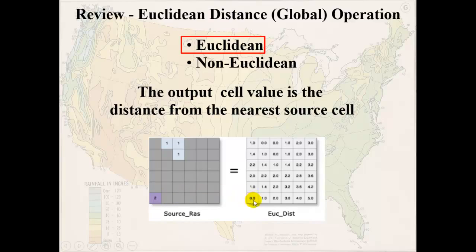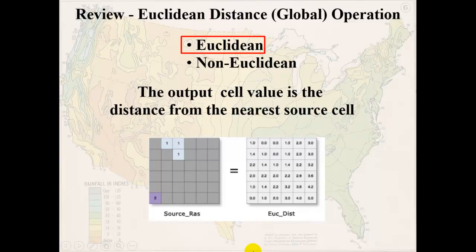At that cell, there's no distance to the source. If I go one cell over or one cell up, you can see the distance is 1. If I go at a diagonal using the Pythagorean theorem, the distance is going to be 1.4. You can see this is rounded off. So at some point, you cross over to where it's closer to one of the sources than the other source, and so it calculates as it goes which source cell the distance is from.